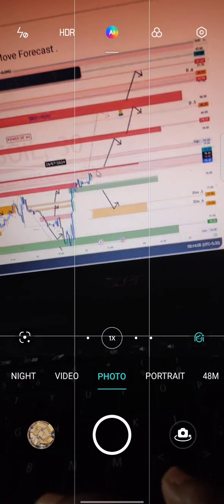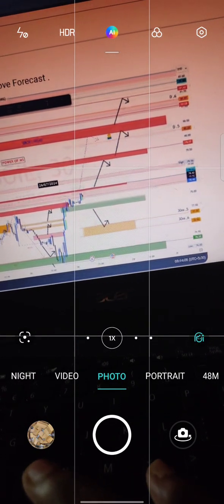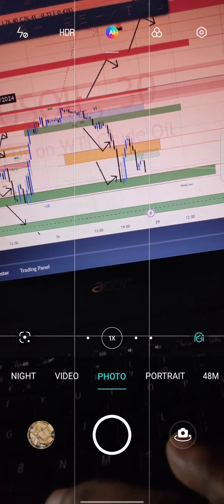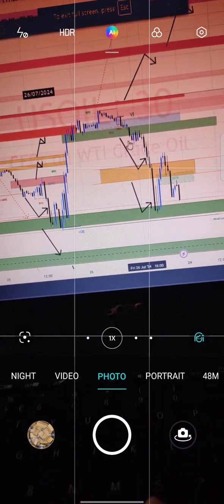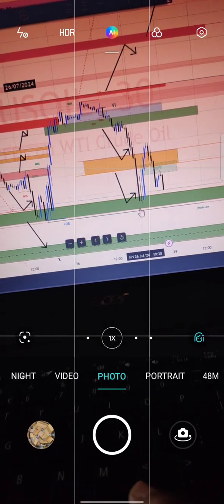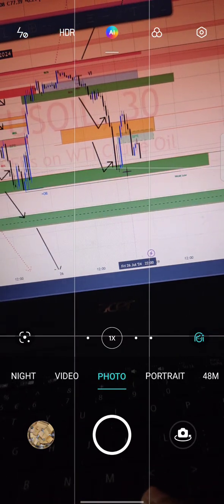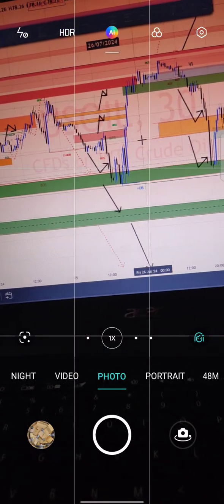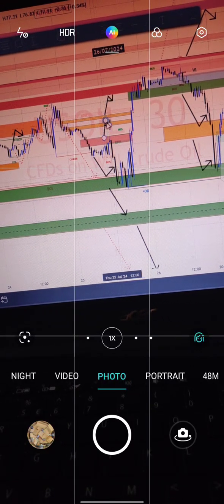If the support is break, our first target is 30 minutes retest area. As our prediction, market did not break the resistance and support is break, our first target hit, and you can see here a single candle break the retest area and taking this area as a support.